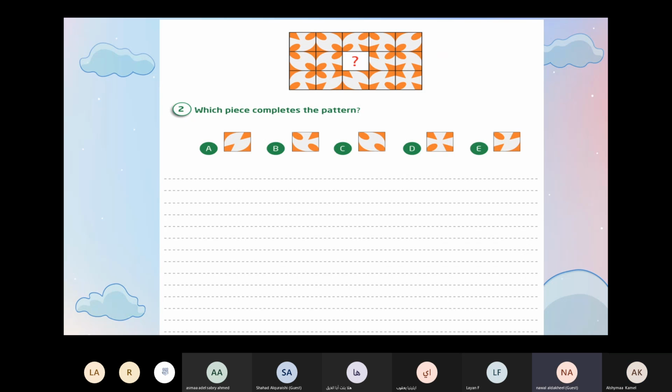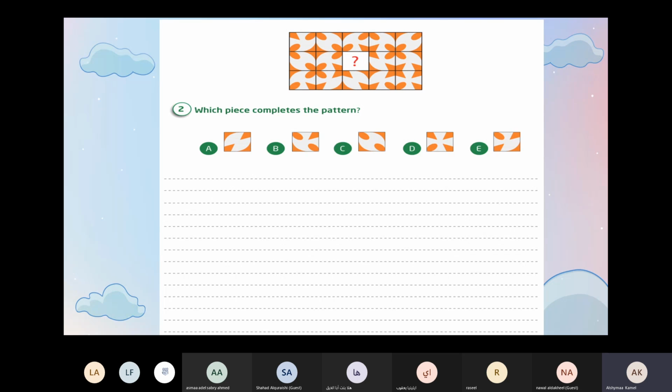Please understand how the answer works. Let's ask Rasil. Hi, Layan. Can you read number 2? Which piece completes the pattern? Here we have a missing part.